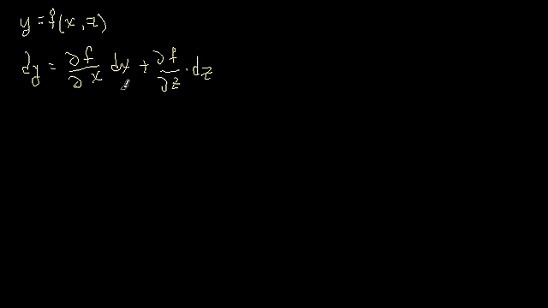So dx and dz represent small changes in the independent variables x and z, and we can find out what the change in y is in this function by means of this formula.